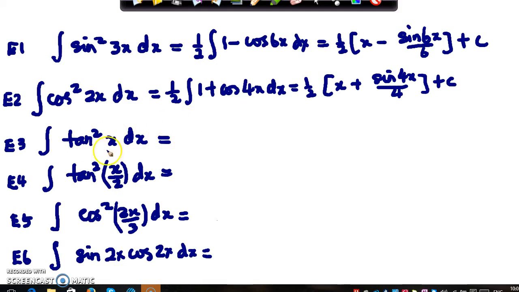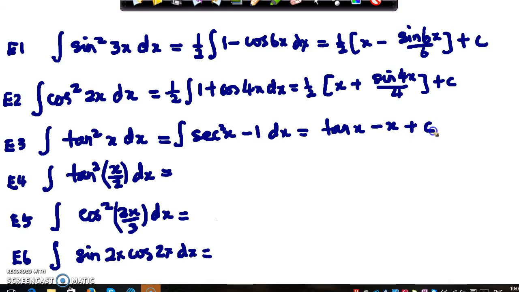For the next one, tangent square, we need to use a Pythagorean identity. That means we're going to change tangent square to secant square x minus 1. Integrating secant square is just tangent. Integrate 1 is just x plus c.